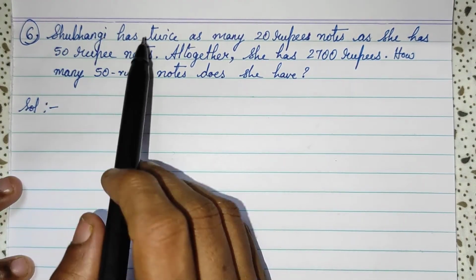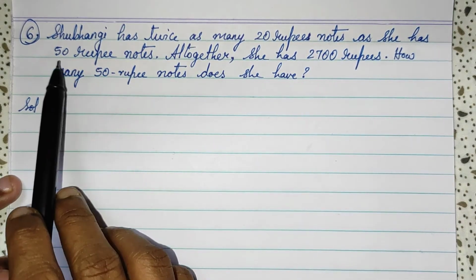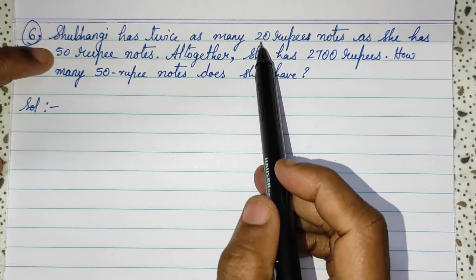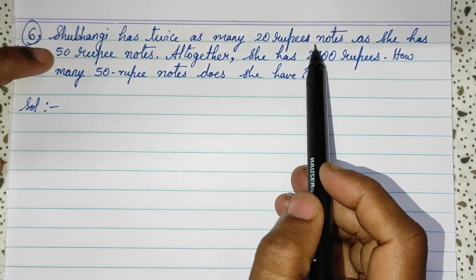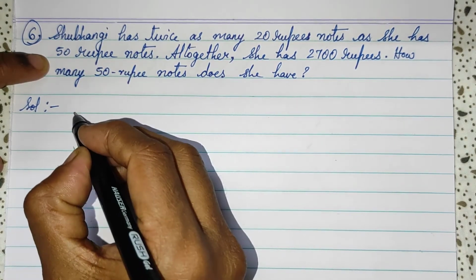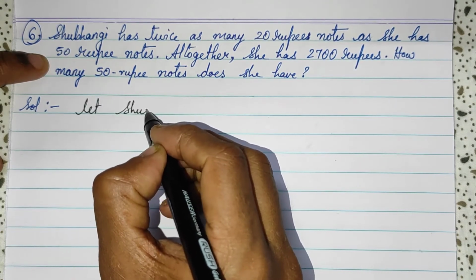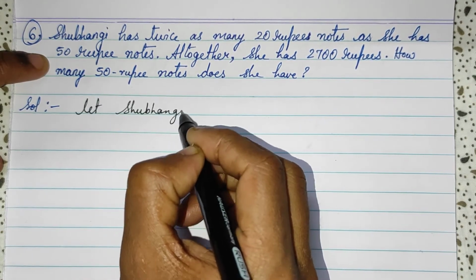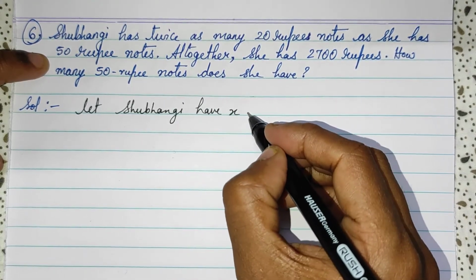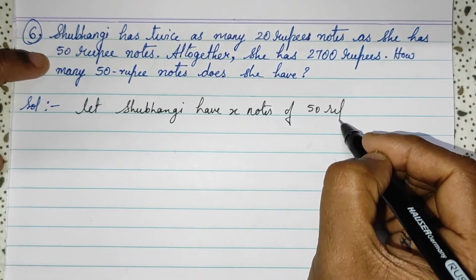Sixth sum: Shubhangi has twice as many 20 rupee notes as she has 50 rupee notes. See, again the information has been given about 20 rupee notes but not about 50 rupee notes. So we will say let Shubhangi have x notes of 50 rupees.